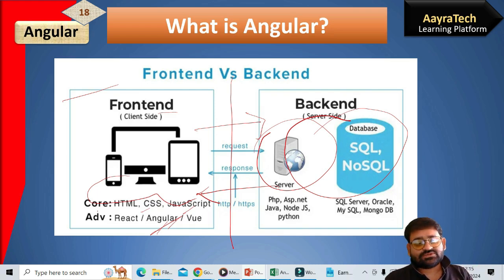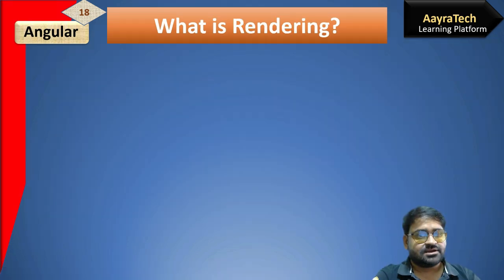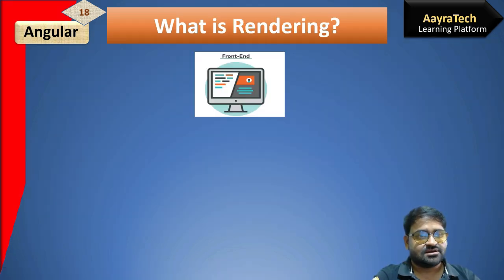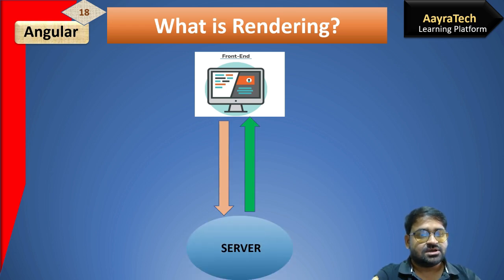Before going to the actual concept of Angular and the history of Angular, let me clear some basic concepts, that is rendering in application, rendering in browser. So what is rendering? Rendering is nothing but displaying the data in the front end. So this is the front end of our application.